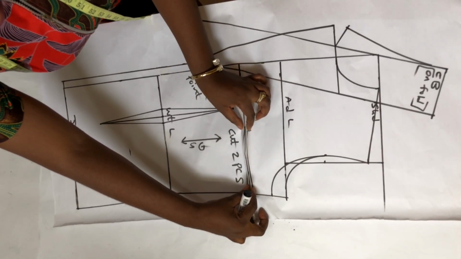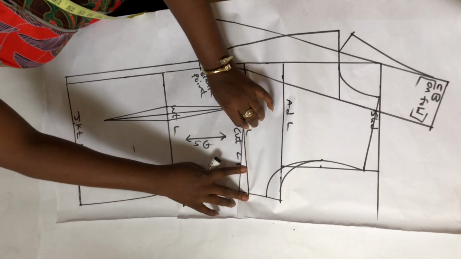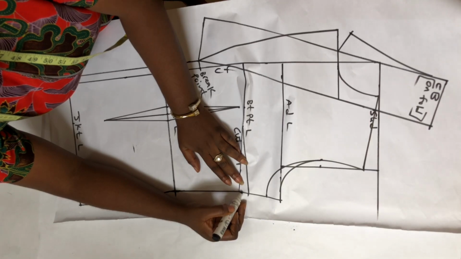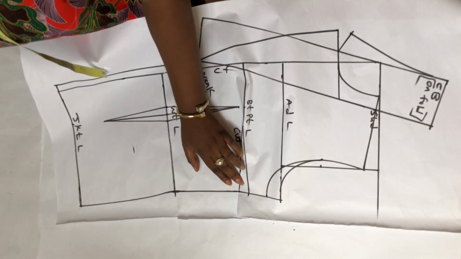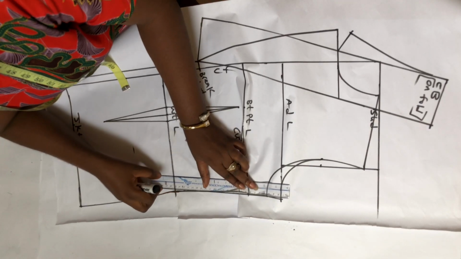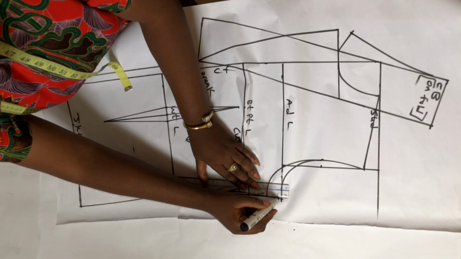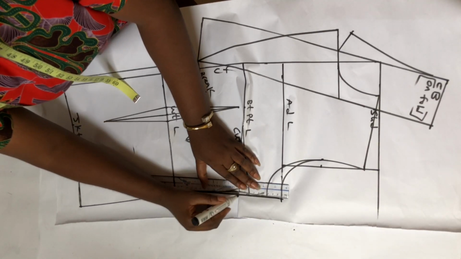I'm going to pick my bust point line, hold it at the end of the darts, then flip it over this way and confirm whether my side line is going to align. If it's not going to align, I'm going to use a ruler to draw the line again. I'll draw a straight line there.